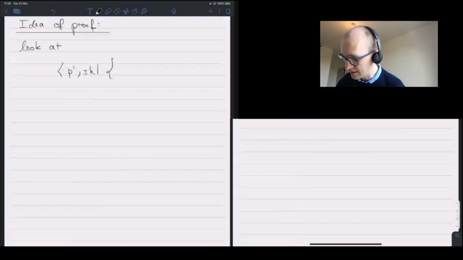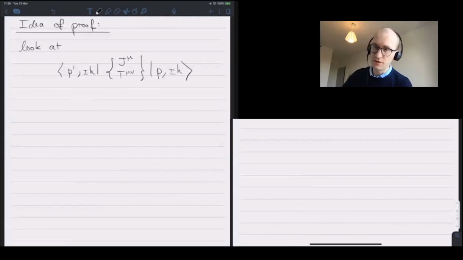And let's look at matrix elements of either the J mu or the T mu nu, and P plus or minus H. So these are the kind of states that we constructed, of course, the unitary irreps of helicity plus 1 minus 1 and plus 2 minus 2.